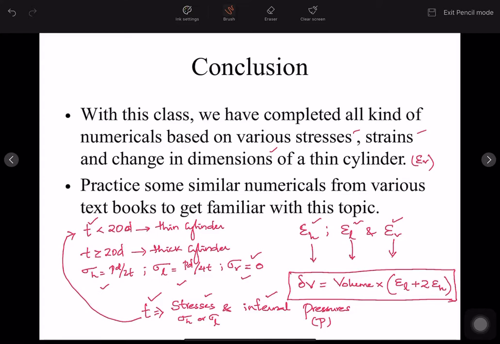Ultimately the thickness refers to the type of cylinder, right? So this is how you need to proceed, which will be helpful to you in dealing with any subject or any topic. You just need to observe how things are going on.